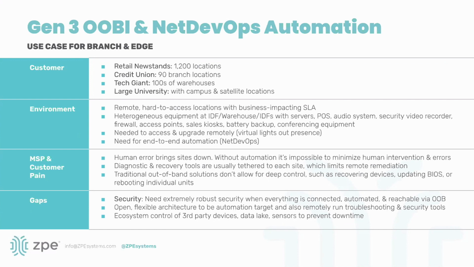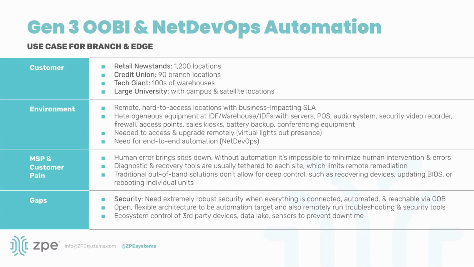By nature, these are remote locations, hard to access. The equipment in these locations is heterogeneous. And then there is a desire to run network as code, right? Or get NetDevOps practices in there and achieve that level of automation and ultimately orchestration so that the entire thing just works.